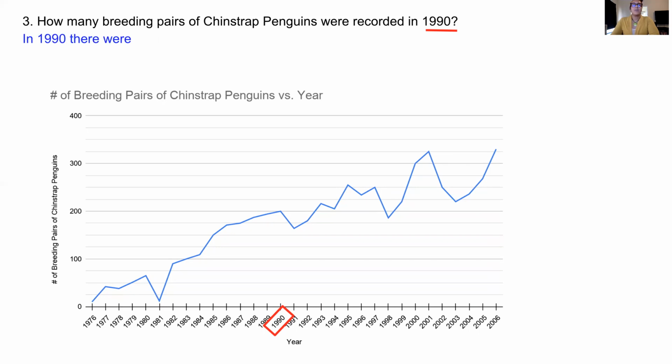From there, we're going to draw a line from 1990 straight up the graph until it intersects with the actual data points on the graph. Once we find that data point on the graph that's represented for the year 1990, just like that, we're going to walk it over to the y-axis and find out that it's corresponding with this number 200.